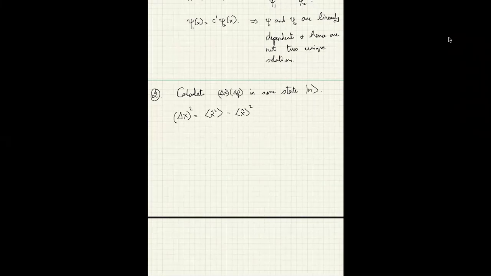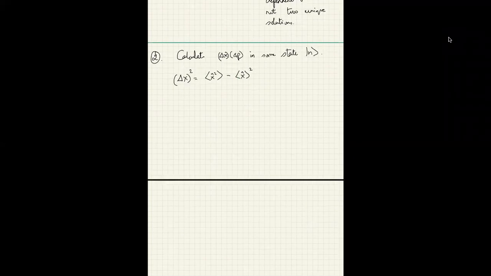So to calculate the product of the uncertainties, we need to figure out the average values in some state of x square and x. I showed yesterday in the class quickly that the average value of x is equal to 0, but I will repeat that very quickly.